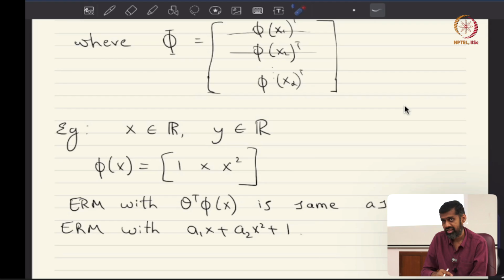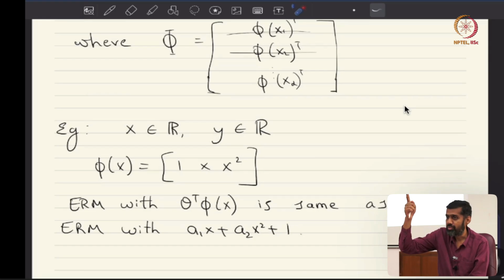But note that assuming the dependent variable y is a linear combination of dimensions in the kernelized space or transform space does not mean that it is linear in data space.